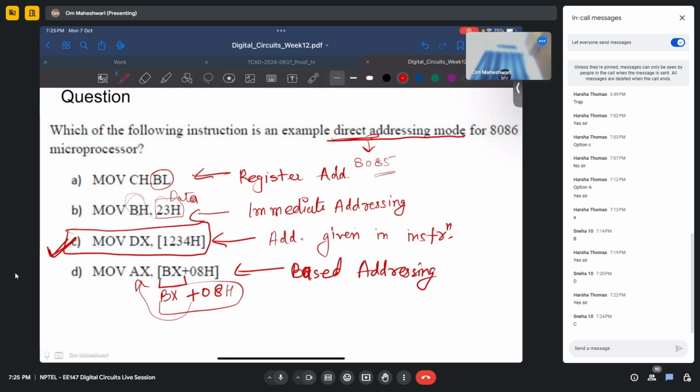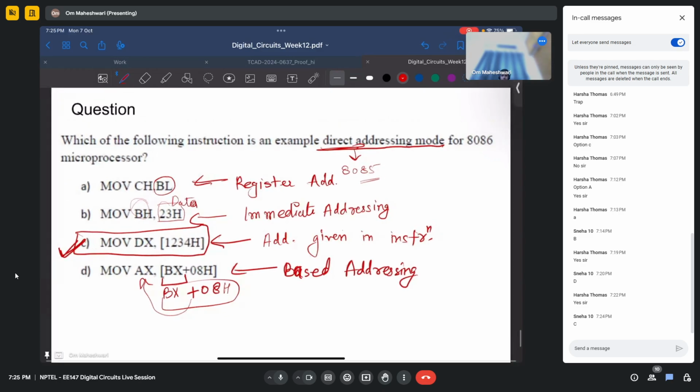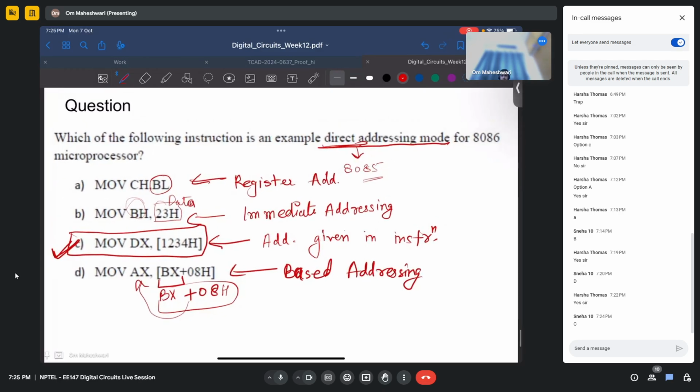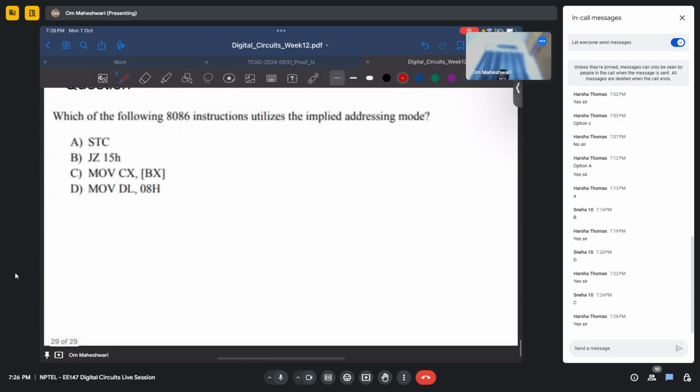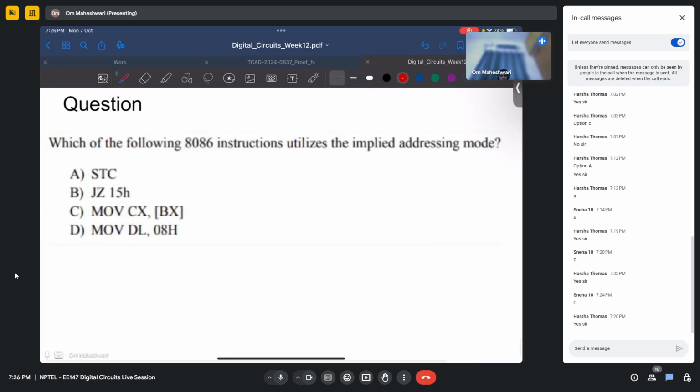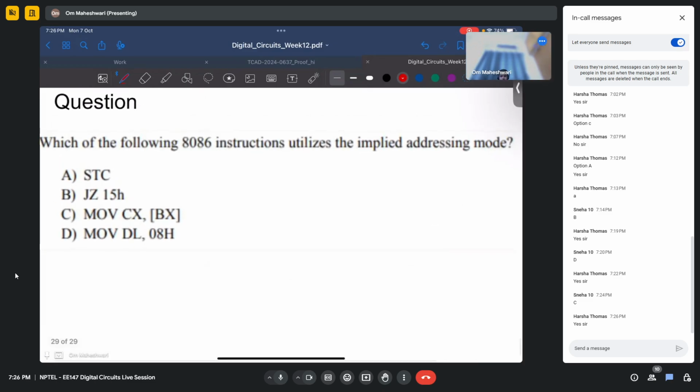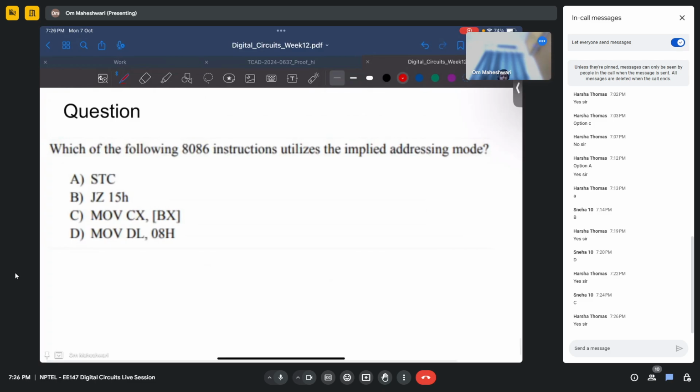Is this clear? Okay. I think this is the last question for today. Again, addressing mode. Which of the following 8086 instructions utilizes the implied addressing mode?